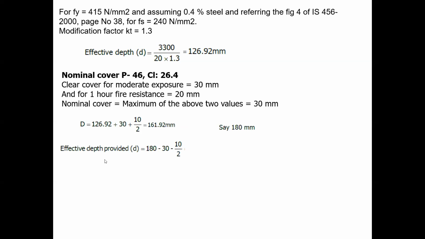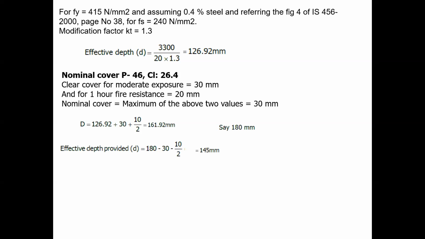Effective depth provided is equal to 180 minus 30 minus 10 by 2. What is 10? Main reinforcement dia. So you will get 145 mm.